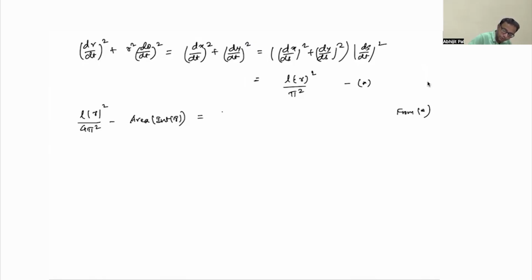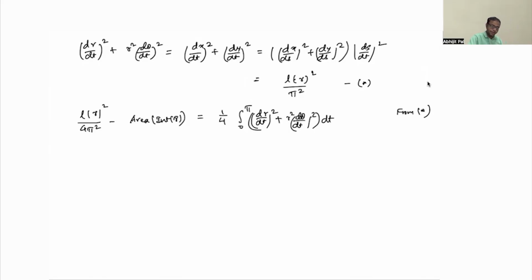So what I can do is take 1 by 4, integral 0 to pi, (dr/dt) square plus r square (d theta/dt) square dt.